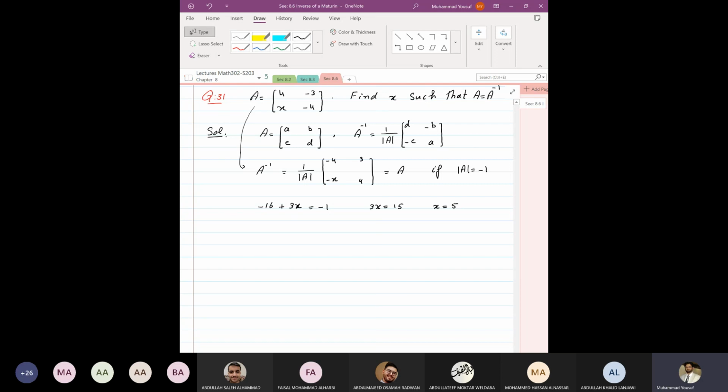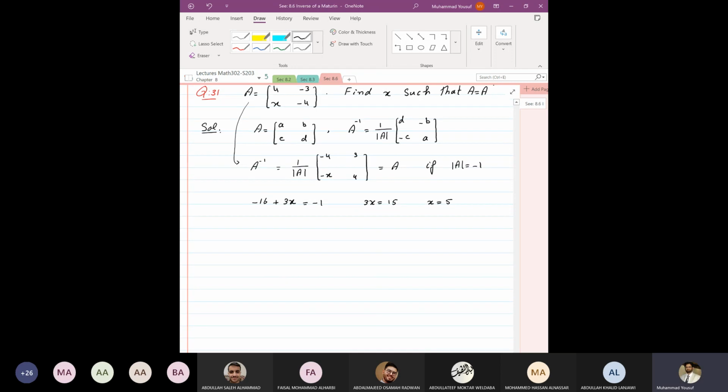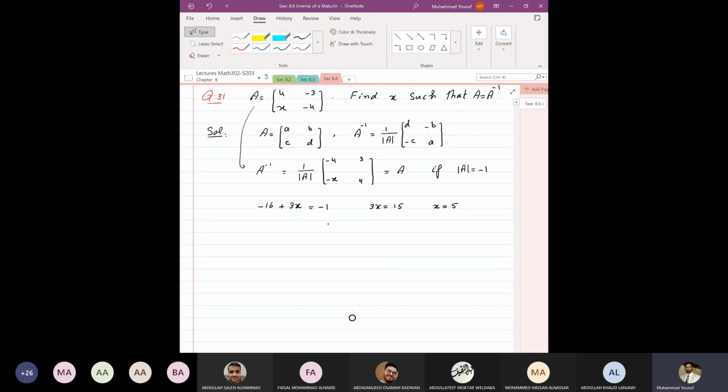So from here we see that the determinant should be negative 1. So we put the determinant equal to negative 1, and when we do that, we find the value of x, which is equal to 5. So this is what we need to do here in this question.